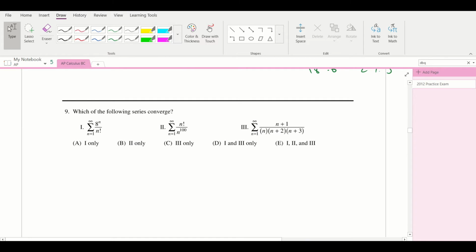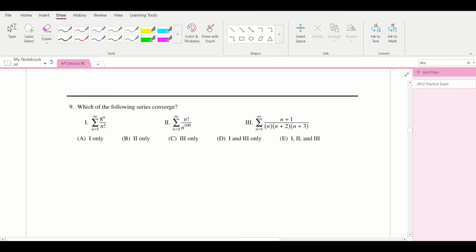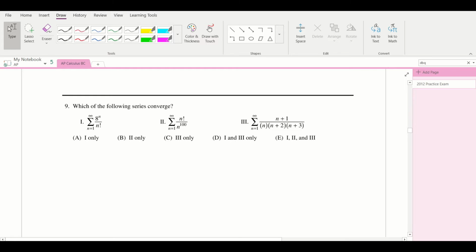Alright, so we want to know which of these series converges. So assuming you didn't memorize a bunch of ways, we can just test each of these. For the first one, we can use the ratio test.